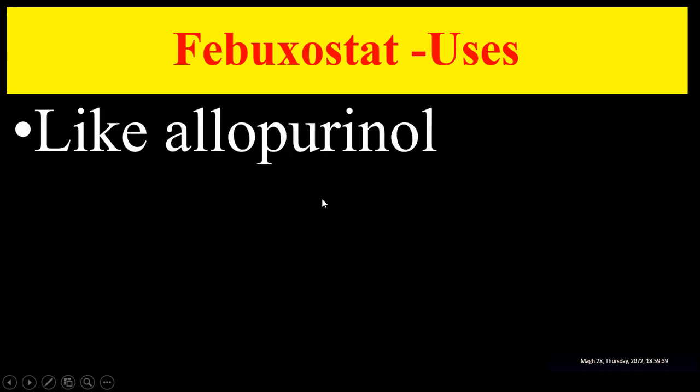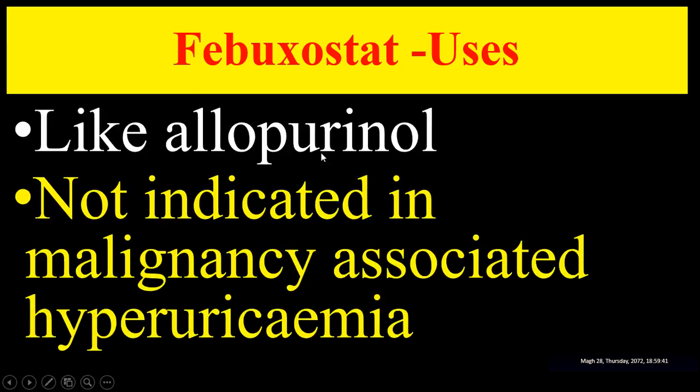Febuxostat uses, like allopurinol, everything from chronic gout to hyperuricemic condition with tophi, uric acid stone, so all that. There you decrease the formation of uric acid. It is not indicated for malignancy associated hyperuricemia.